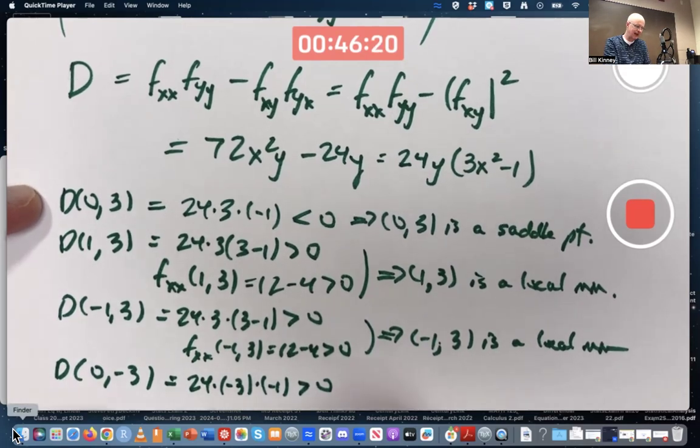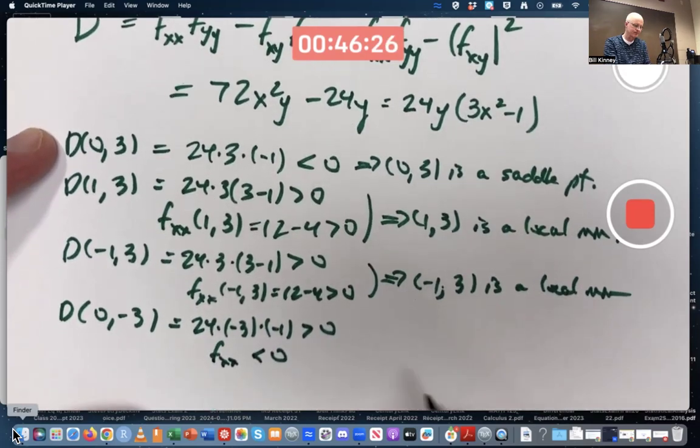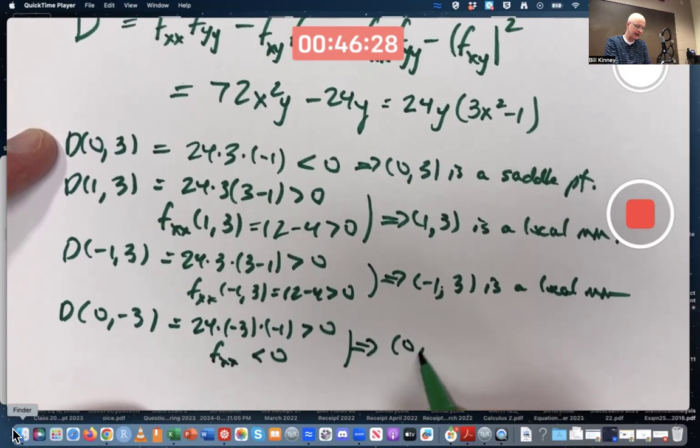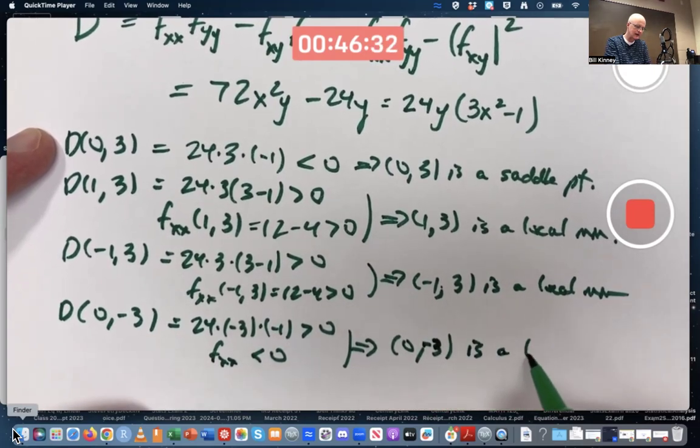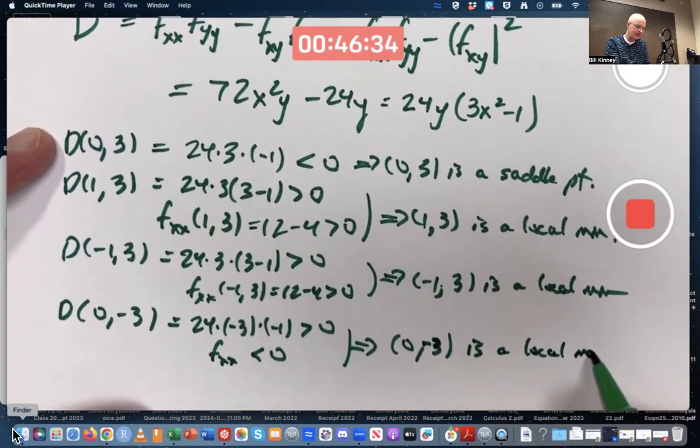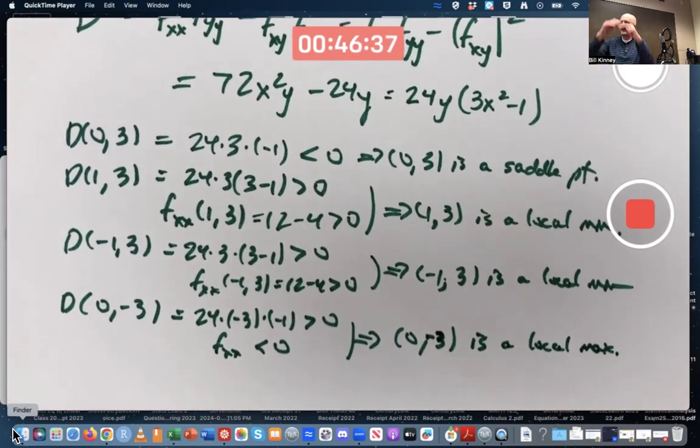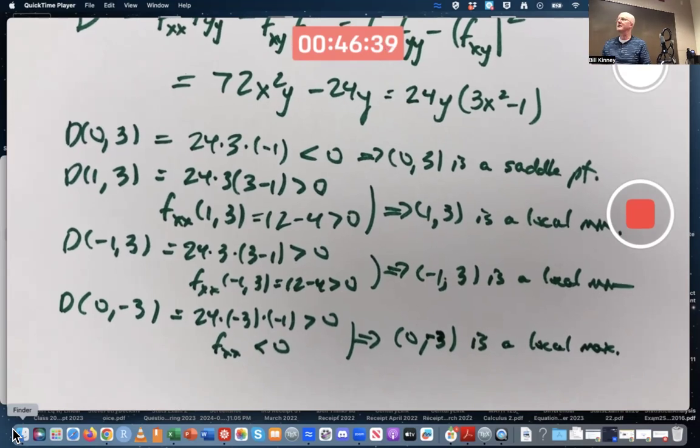If I plug this into fxx or fyy, I get a negative number. That means (0, -3) is a local max. The negative fact there effectively means the graph's concave down near the point. So you get a local max.